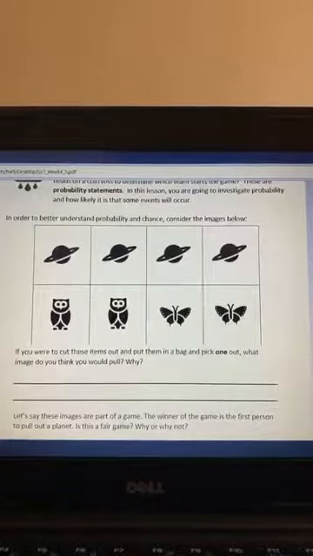So we agree that for the planet, it's going to be a 50% chance of you pulling one of those out of the bag. What is my percent of pulling an owl out of the bag or pulling a butterfly out of the bag?